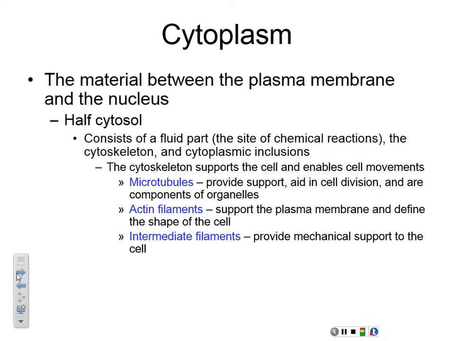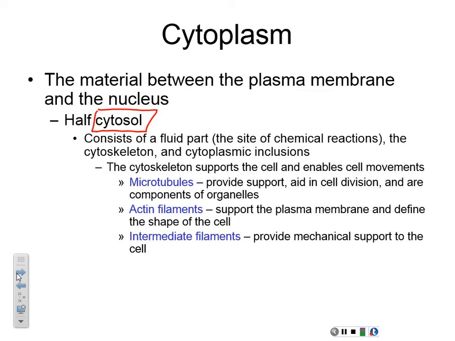So the cytosol is the fluid inside of the cell, and then it will have this cytoskeleton, which is the microtubules, actin filaments, all these long fibrous proteins that will place all the organelles in their positions or move vesicles when they move inside of the cell.